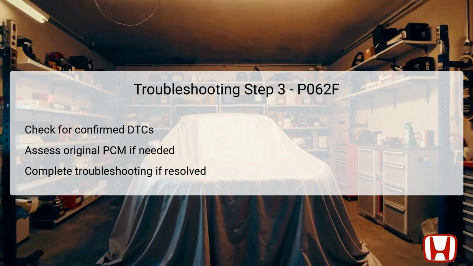If the newly updated or substituted PCM resolves the issue, the original PCM should then be replaced for reliability. If the DTC does not come back, it indicates that troubleshooting is complete and the vehicle should return to normal operation. Proper documentation of all actions taken during troubleshooting is vital for future reference.